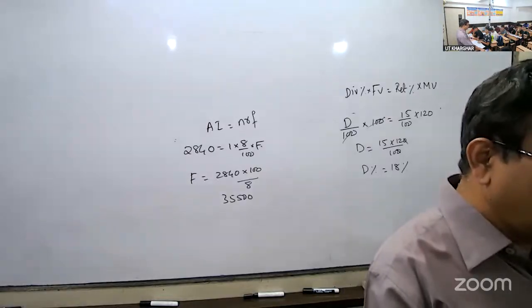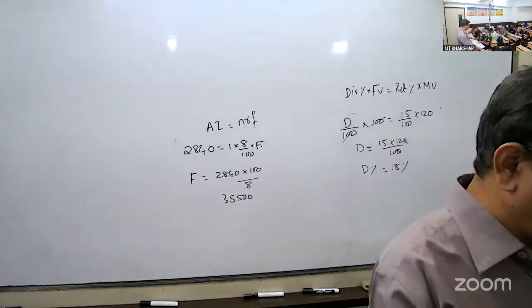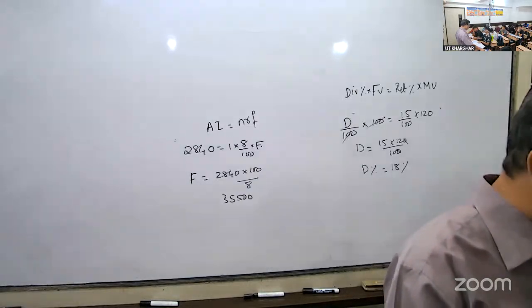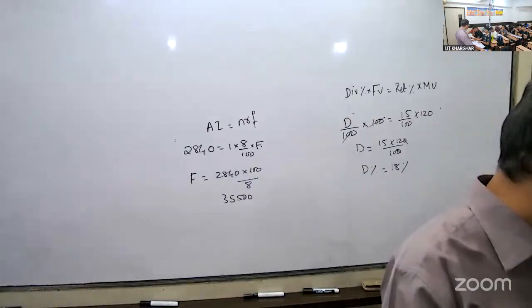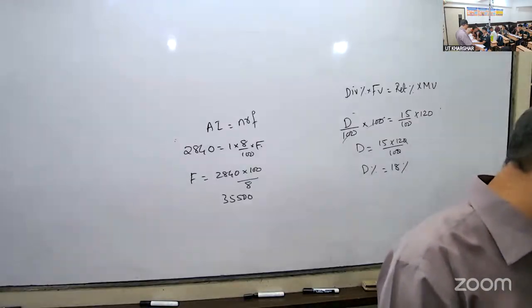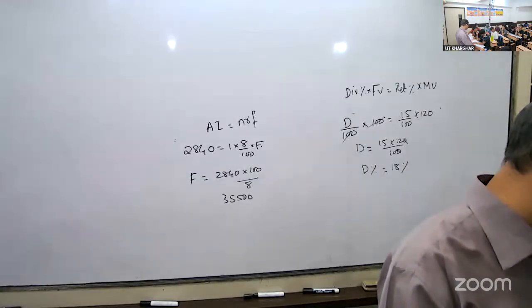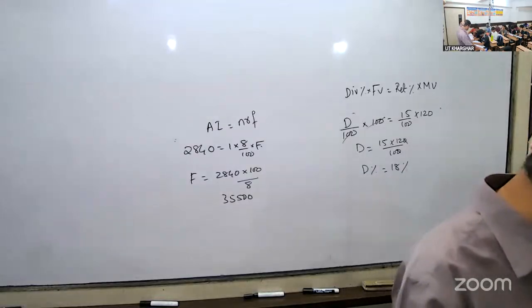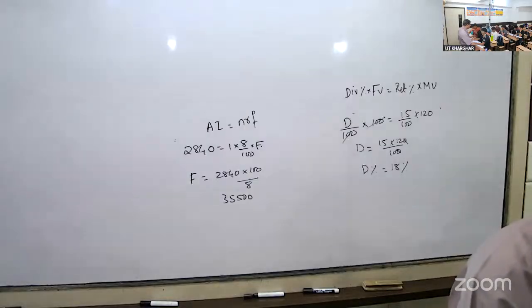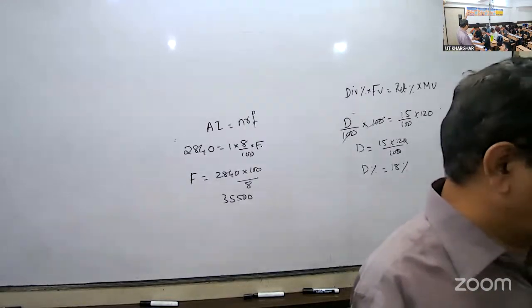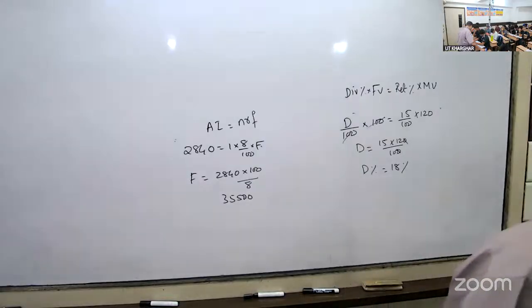Then we multiply the 100 to get total. Why are you dividing by 8? 8% of something is equal to annual income. So that is why you are taking cross multiplication, is it or not? 8% of x is equal to this one. Therefore x is equal to this divided into 100 by 8. That's the real thing you are telling now.